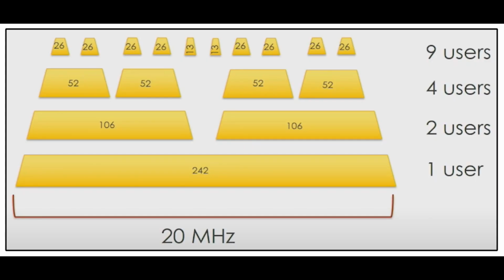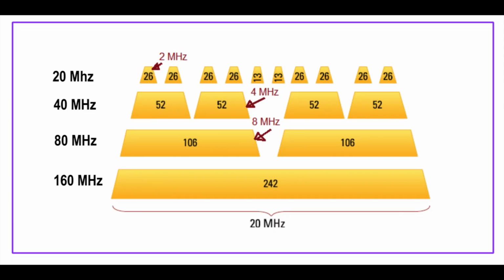So in 20 megahertz of channel bandwidth, if I have small lanes of 2 megahertz each, then the maximum number of client requests I can cater to comes out to be 9. Similarly, if we go with the chart, we have 20 megahertz, 40 megahertz, 80 megahertz, and 160 megahertz. And this is how we see the resource units. Resource units are one part, grouping is one part.